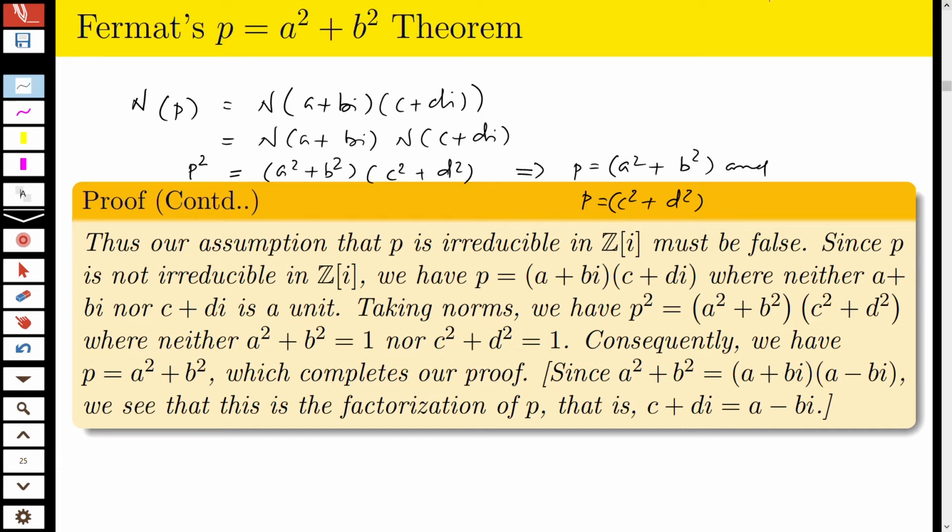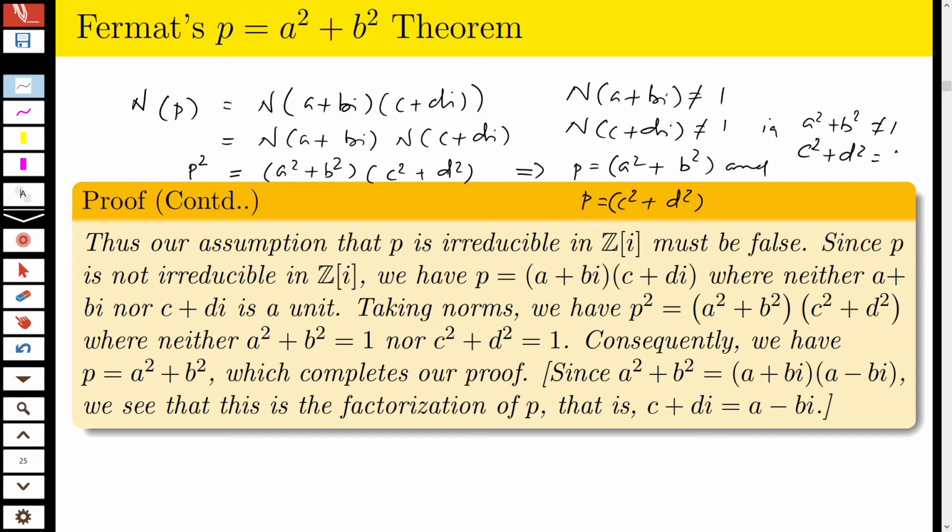This is because p is an odd prime and N(a plus bi) is not equal to 1, because a plus bi is not a unit, and N(c plus di) is not equal to 1. That is, a squared plus b squared is not equal to 1 and c squared plus d squared is not equal to 1.